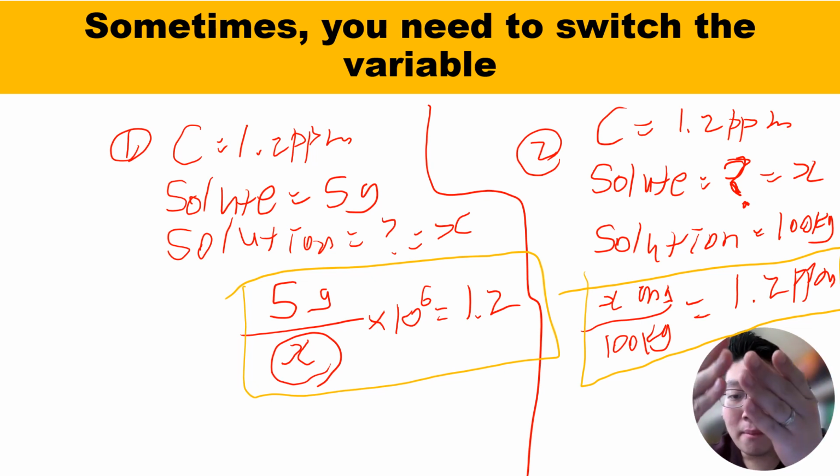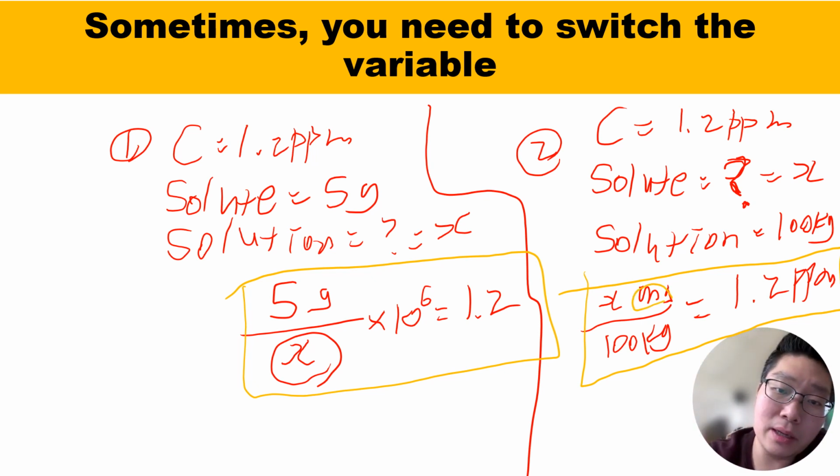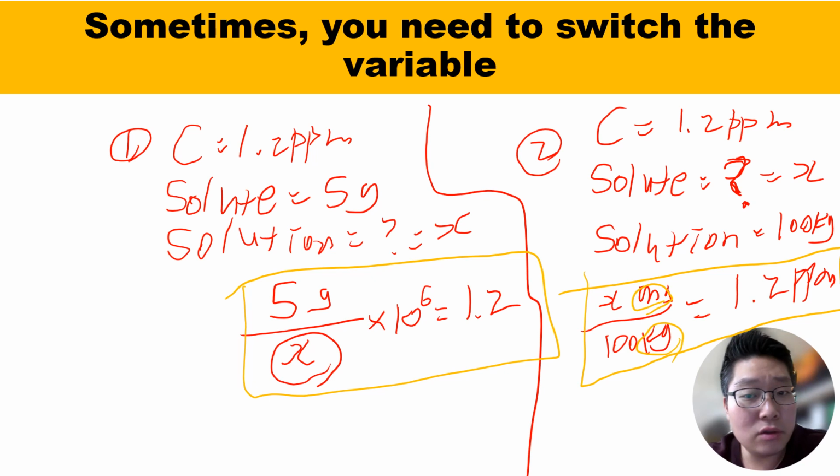If you think about milli to gram, there's a 1,000 difference. Gram to kilogram, there's a 1,000 difference. So if you pick milligram and kilogram, you don't need to multiply by a million again like in the previous one. So I personally prefer, whenever there's an unknown x situation, to go ahead with the second method, which you will see that I'm going to go with. So let's do this.